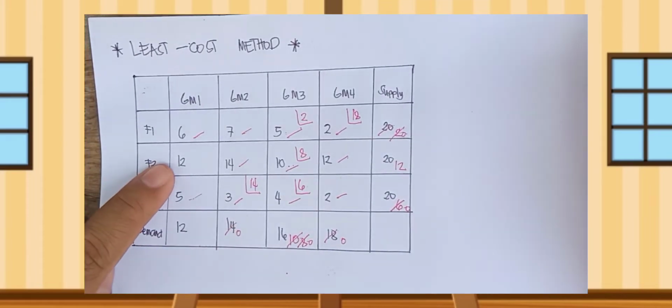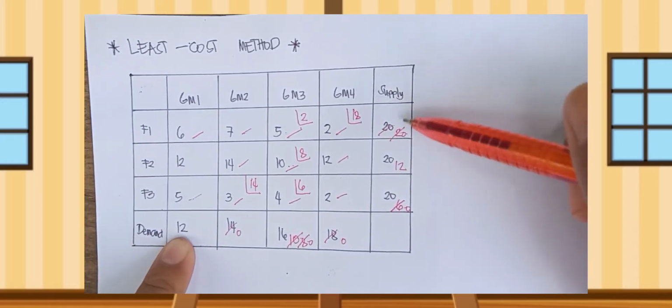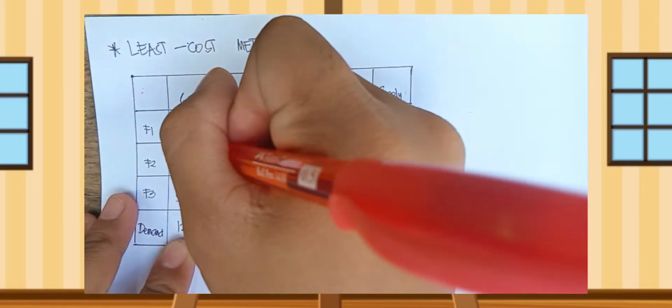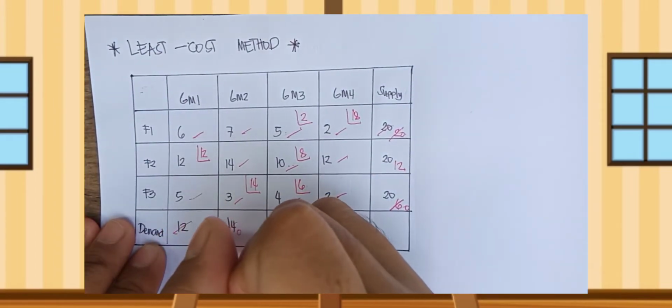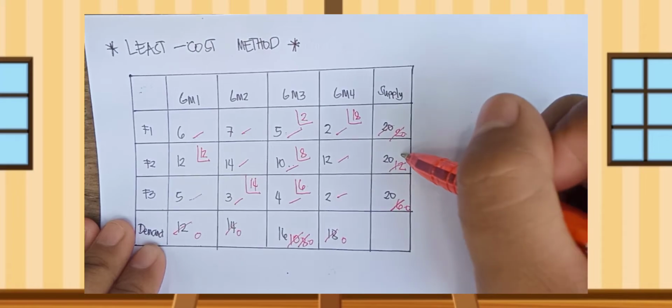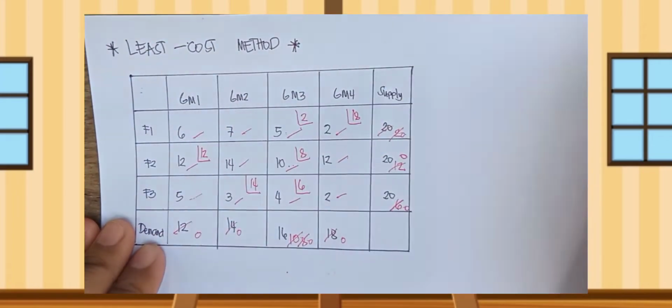So we have a remaining number, number 12, having a demand of 12 and a supply of 12. So we will put 12, and both demand and supply are satisfied.